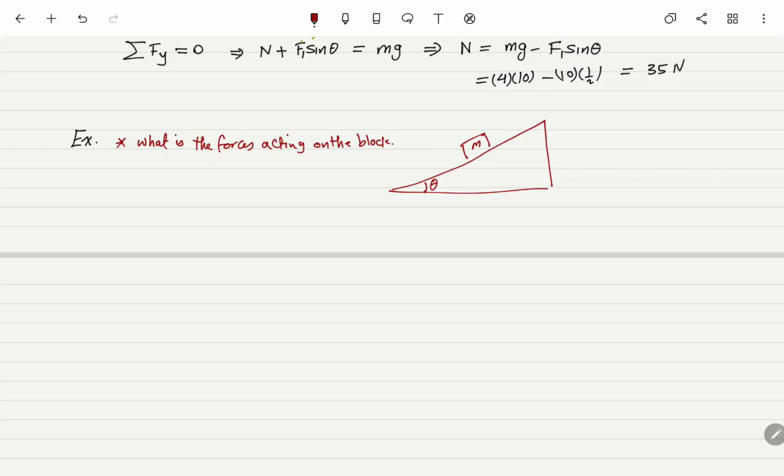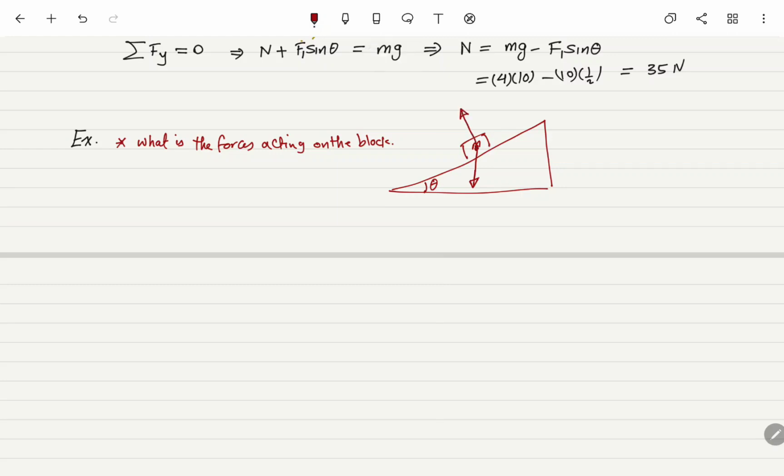So let's identify all the forces acting on this block, assuming that there is no friction whatsoever on the inclined surface. In this case, we have mg, directed down, perpendicular to the earth, and there is a normal force, normal to the surface.